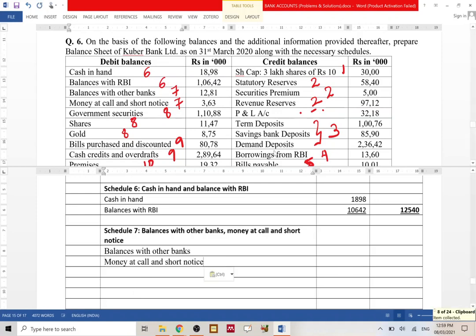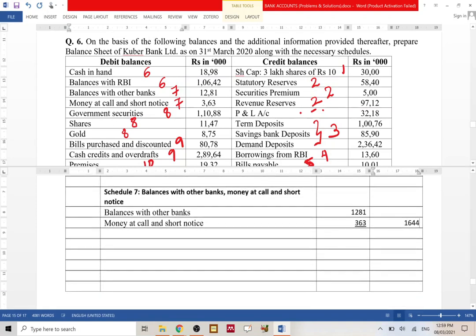So we post, and the amounts are 1,281 and here 363. Okay. Total of these two in the outside column, 1644. Okay, total of schedule 7 is 1644.